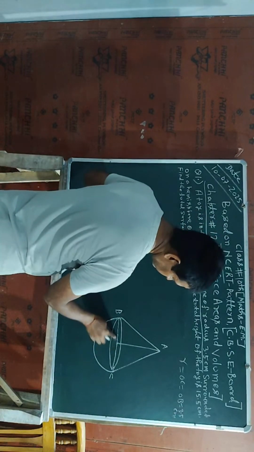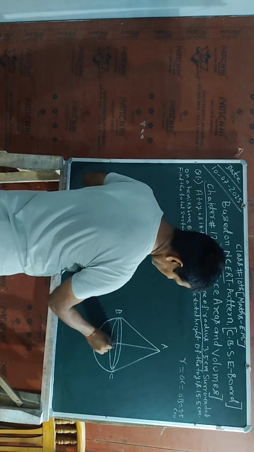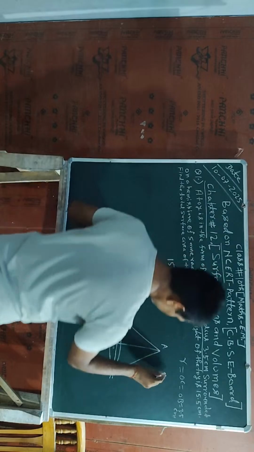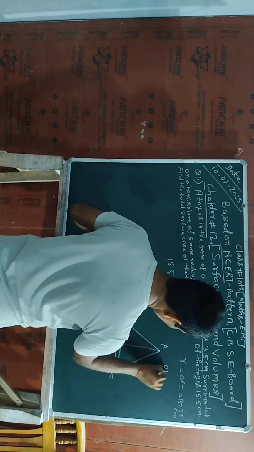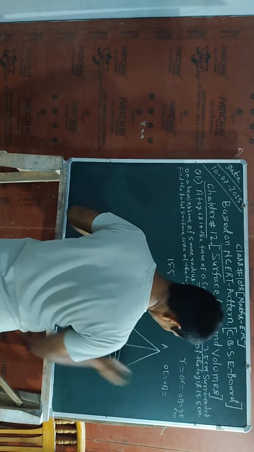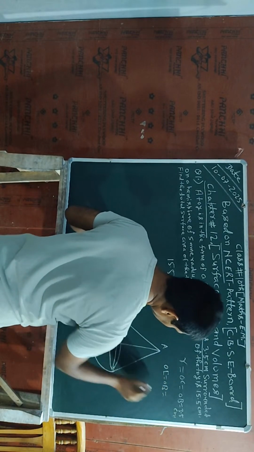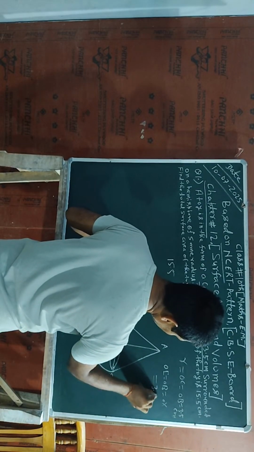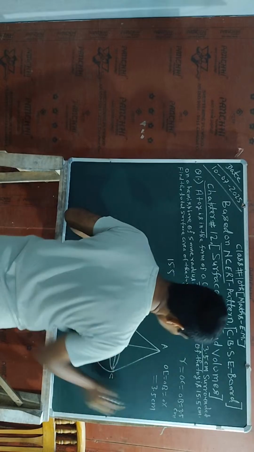Here I will draw a line, and that line will also have, according to the information, OC is equal to OB, and any point I take here will be OX. That is given as 3.5 centimeter as per the question.